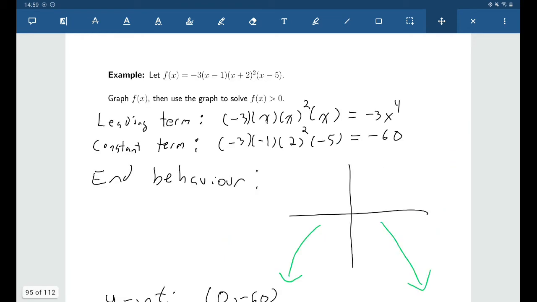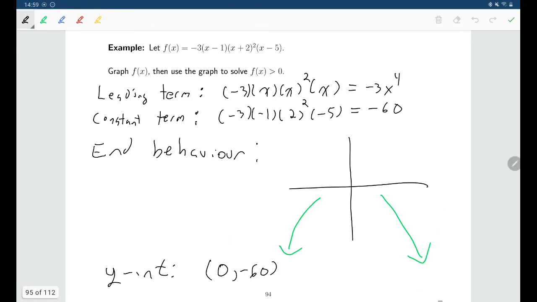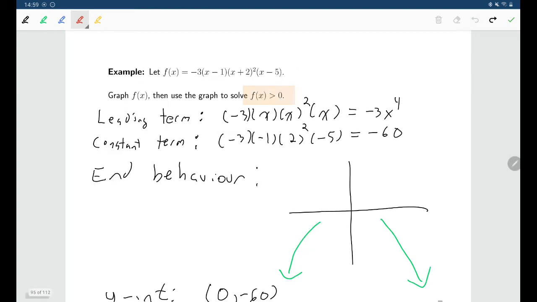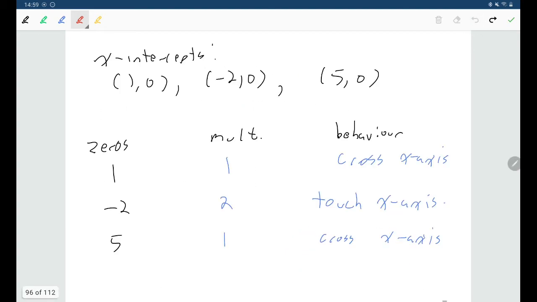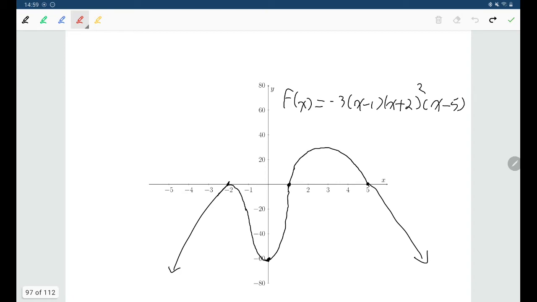The original question was, we wanted to use this graph to solve where is f of x greater than 0. In other words, where is our graph above the x-axis? So let's go back to our graph and ask, where are we above the x-axis? It looks like we're only above the x-axis between 1 and 5.